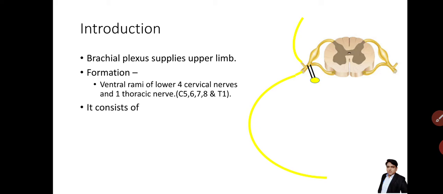Now this brachial plexus consists of roots, trunks, divisions and cords. Now the parts of brachial plexus: it is divided into two parts, cervical part or supraclavicular part, and axillary part or infraclavicular part, depending upon its location.